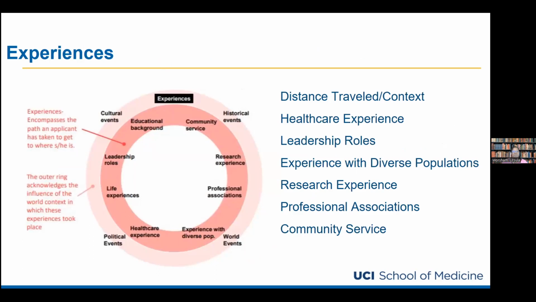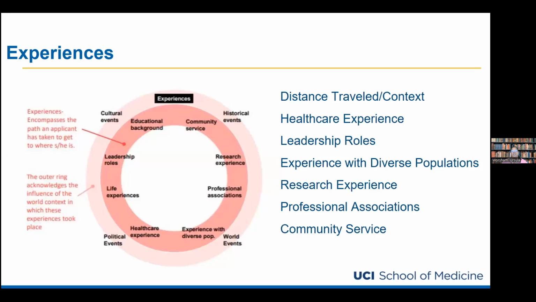The outer ring acknowledges the influence of the world context in which the experiences took place, whether they come from a disadvantaged background, or whether they are historically underrepresented in medicine. And then the inner ring refers to the experiences they have intentionally engaged in as a medical student to ensure that they are coming to the application process as prepared as possible.